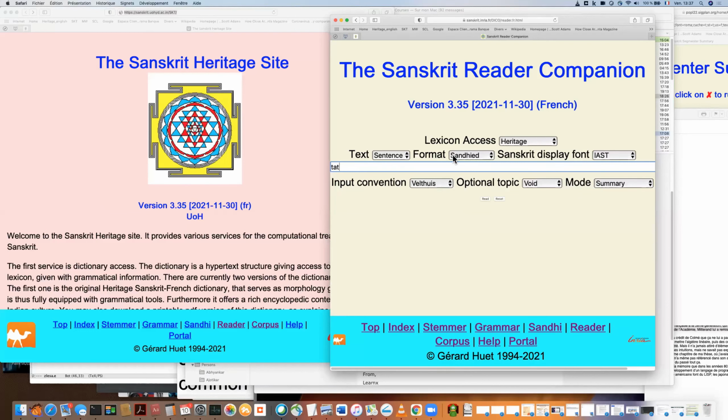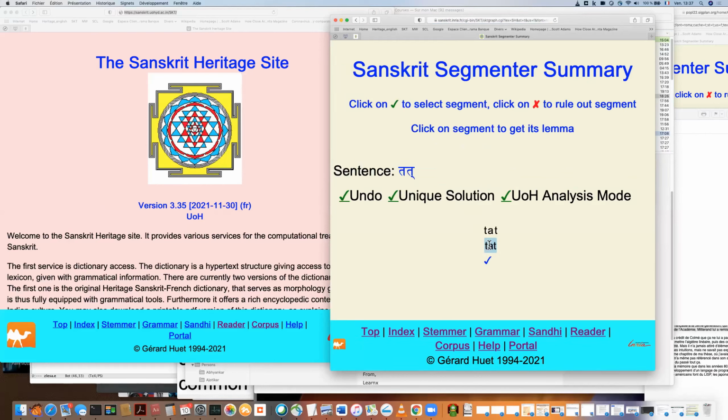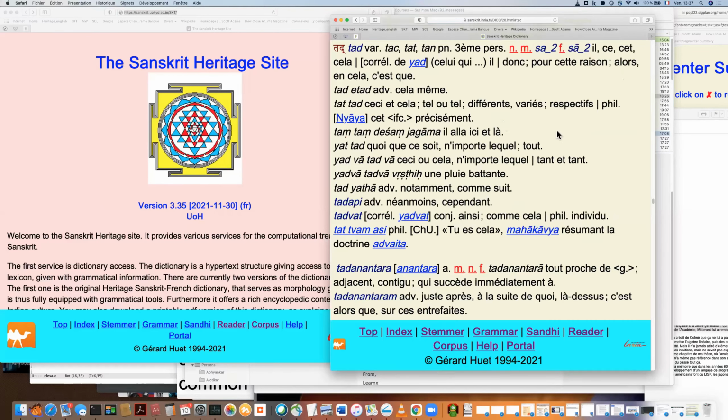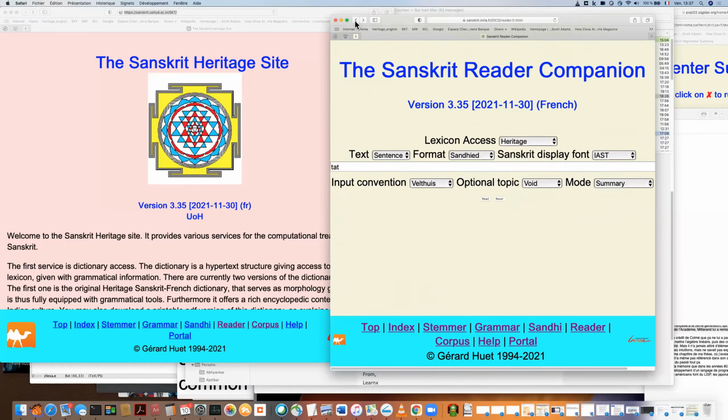And lexicon access will be on heritage, and the display font of the Sanskrit will be IAST, the romanization. Okay, so when you enter that, you get that, which is a form of pronoun tad, and here you're in the French dictionary. Donc, pour cette raison, alors, and so on. Okay. So this is the default setting.